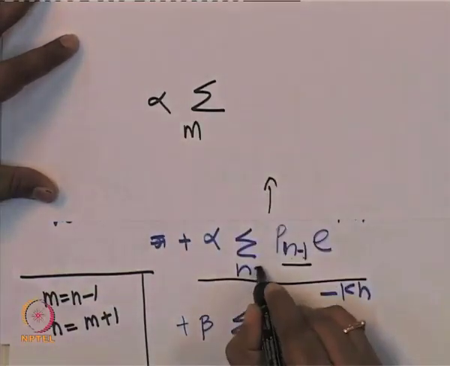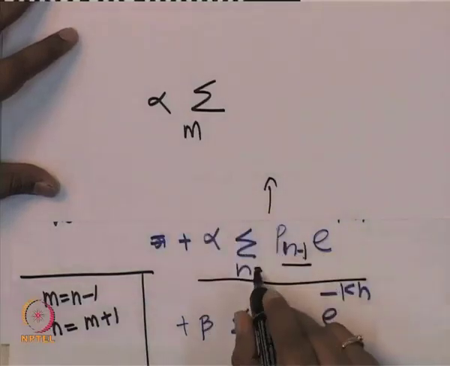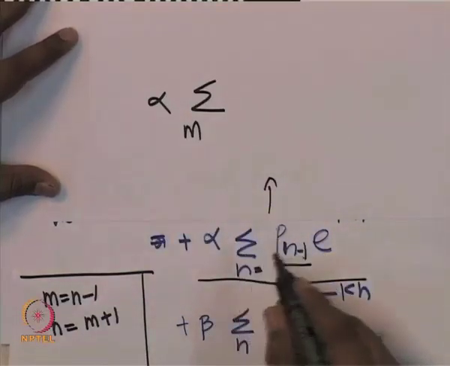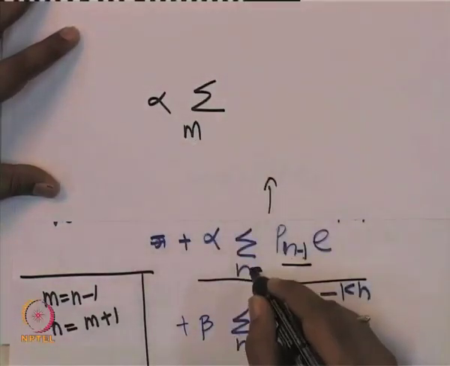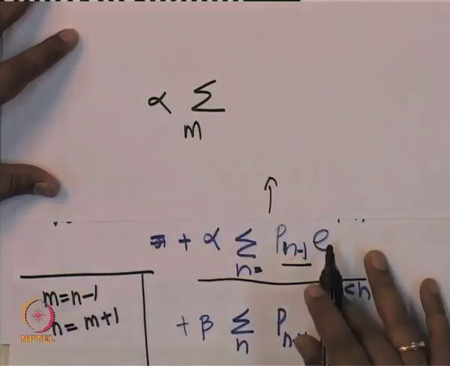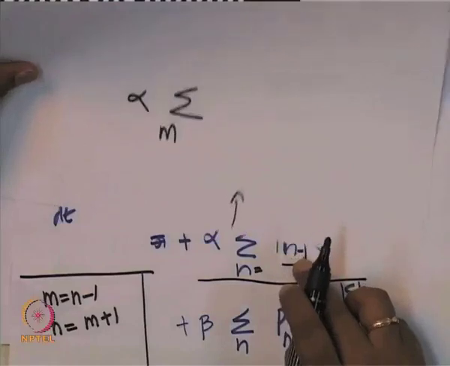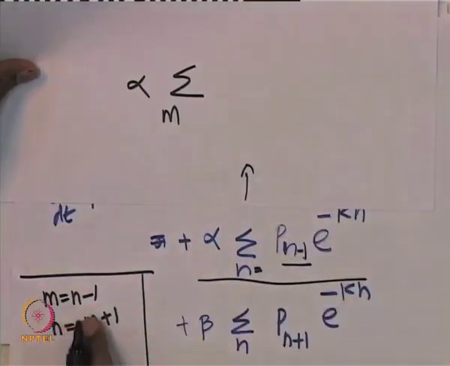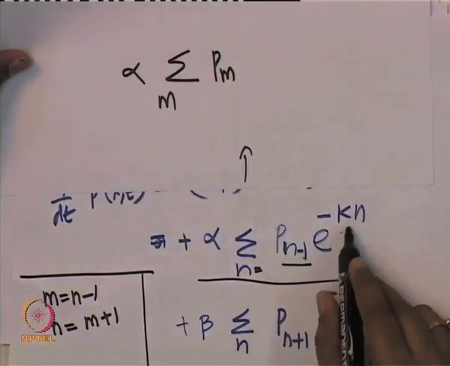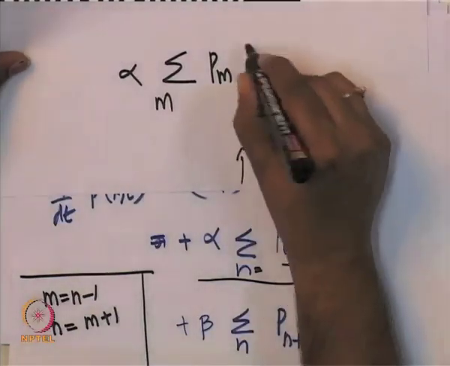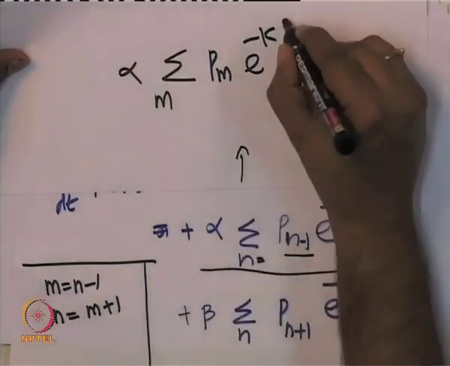If n was infinity, it will become infinity plus 1 or infinity minus 1, which does not really mean anything, it is infinity itself. So, n and m differ only by 1, and the limits do not change because they are infinities. Then you have p of n minus 1, which is p of m, and e power minus k n, where n is m plus 1, so let me write m plus 1.